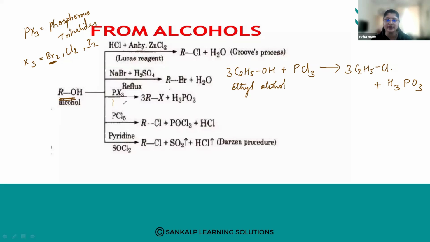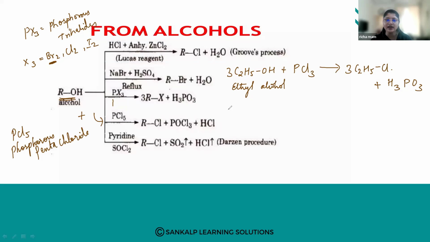So you are going to get this alkyl halide. Next is the second method: alcohols, when you treat them with phosphorus pentachloride, penta means 5. What will be obtained? Chloroalkane plus POCl3 plus HCl.